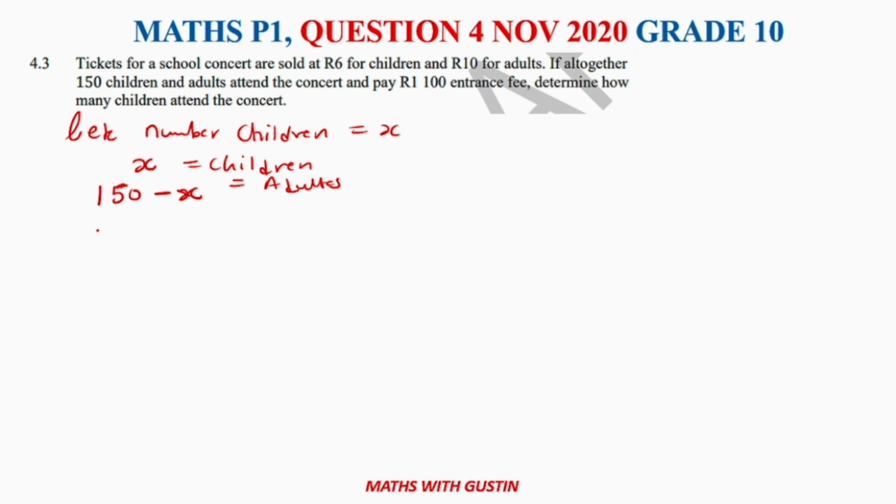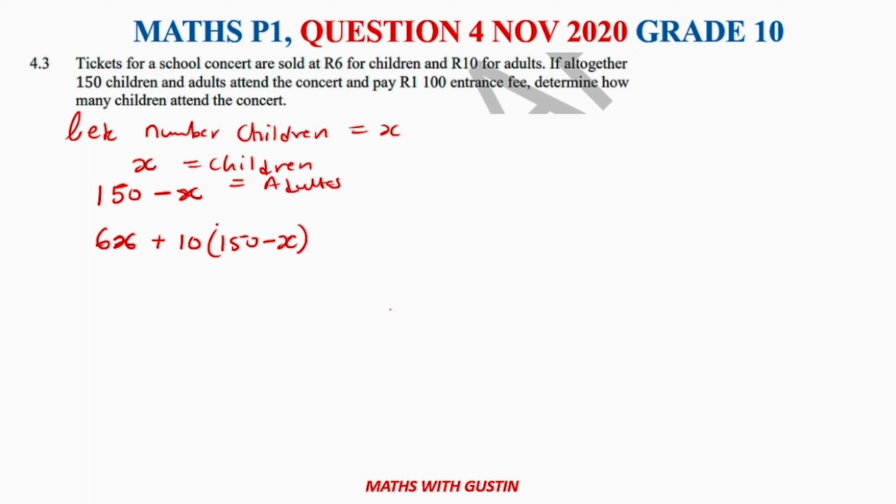So let's do the whole equation. The whole equation would say, in terms of money, how much are the children paying? They're paying 6 rands. So it's going to be 6 times the number of the children, plus how much is the one adult paying. One adult is paying 10 rands. Then the total number of adults is 150 minus x. 10 rands per adult, so it's going to be 150 minus the number of children, in terms of money.